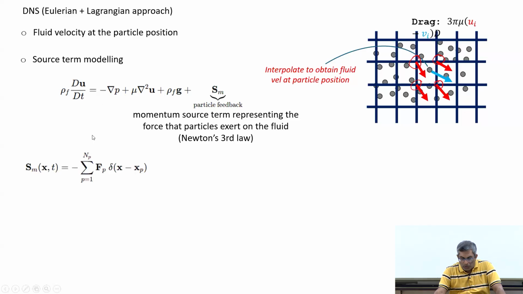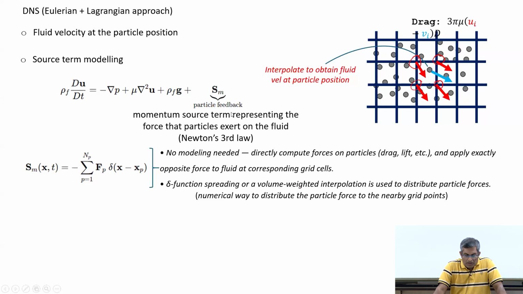So, this force needs to be accounted for, but here you do not do any modeling, in the sense you directly compute the forces, drag, lift, etc., and apply exactly opposite force to the fluid at the corresponding grid cell. But for that purpose, you need to use some kind of interpolation to distribute the particle forces, as I said. This is nothing but a numerical way to distribute the particle force to nearby grid points.